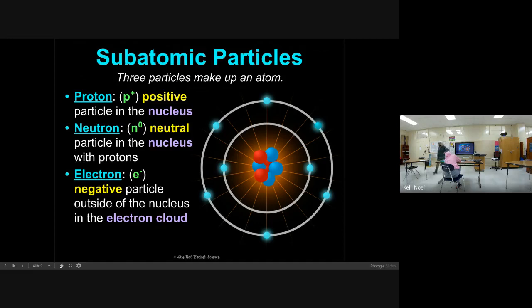Then we're going to briefly talk about what holds the atoms together. And then there's an online activity that we're going to do, and I can print a hard copy of that sheet for you to fill out as well.